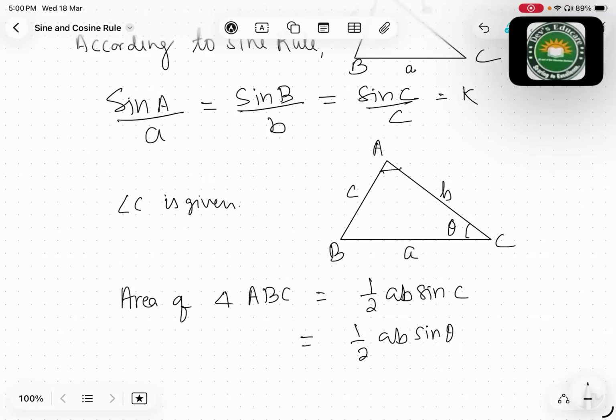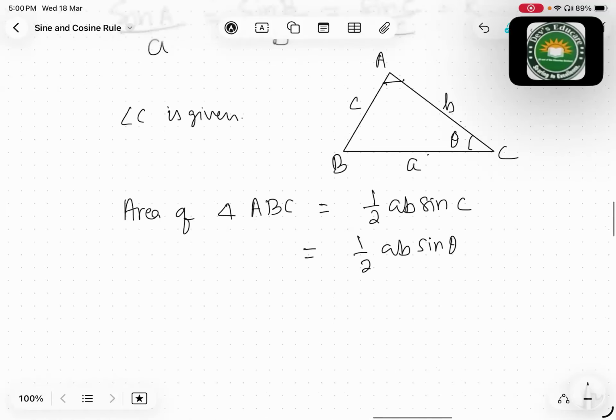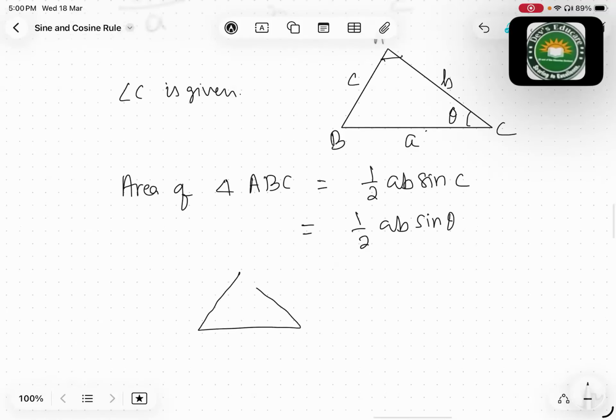So try to observe what we are doing: half of, we are taking two adjacent sides and the included angle. By this method, we can find the area of any triangle if we have been given two adjacent sides and the included angle. Suppose this is PQR, and this angle is given as alpha, and let's say this side is r, this is q.